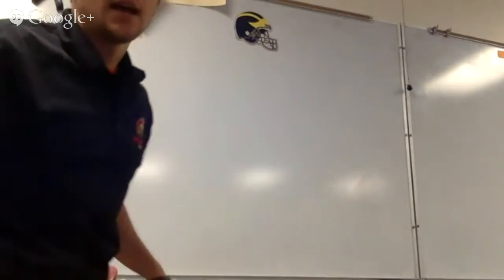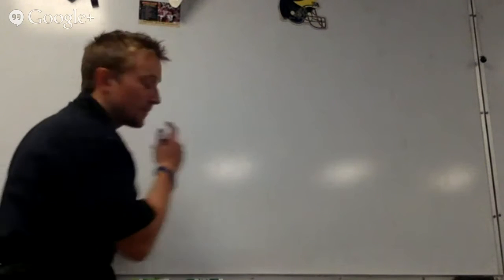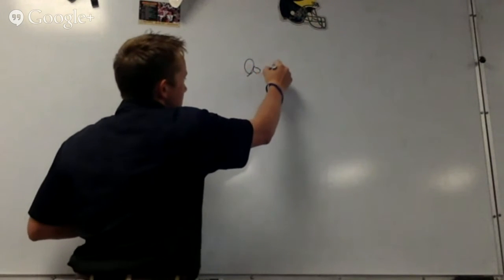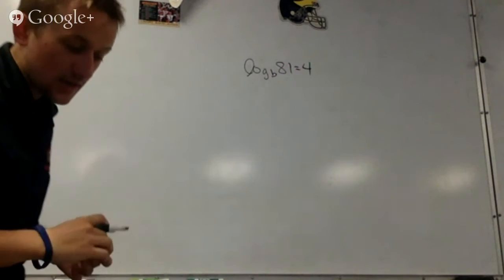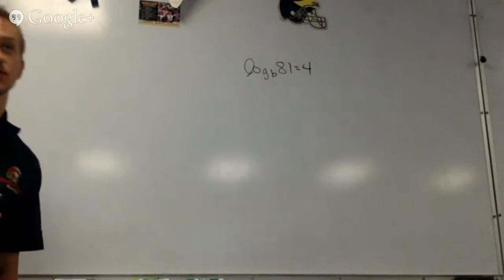Okay, so a couple of questions that many people had. I'd like to back up to where one says log base b of 81 equals 4, and it asks us to change it to exponential form.